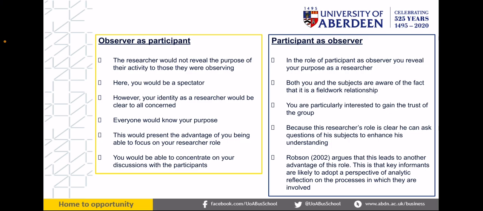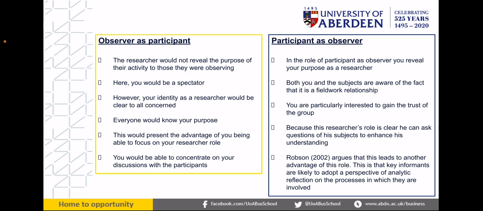Everyone would know your purpose, but you will not reveal the purpose of the activity to those that you were observing. This gives you the advantage of being able to focus on your research role, and another advantage is that you'll be able to concentrate on your interactions or discussions with the participants.